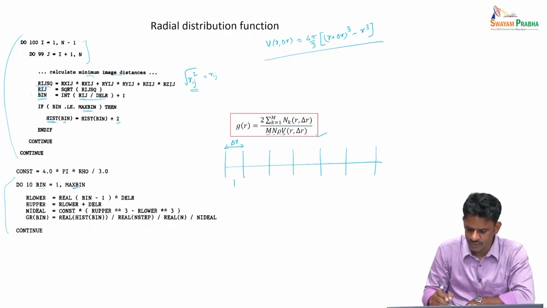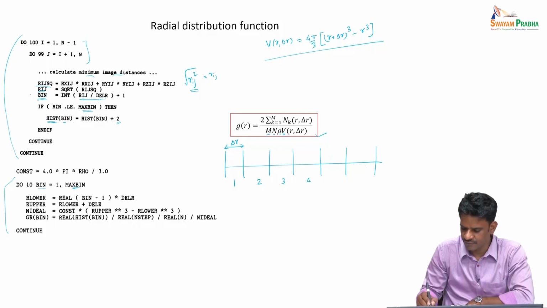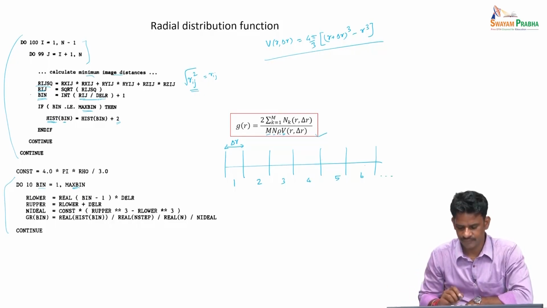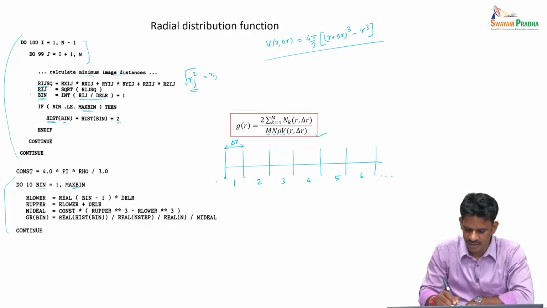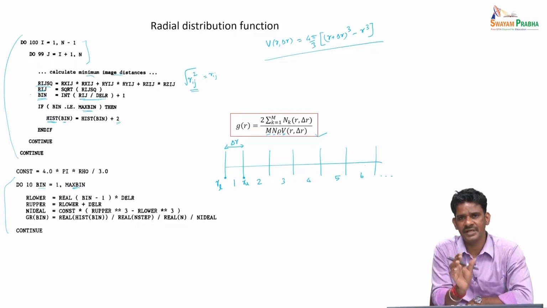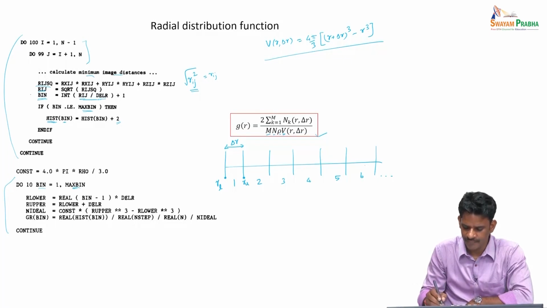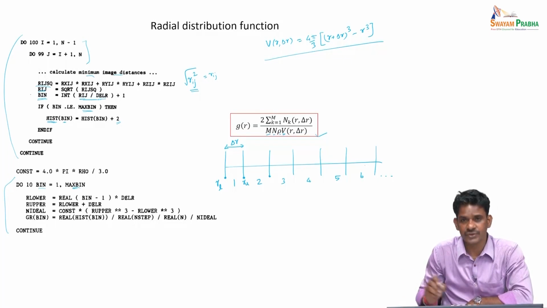So this is index 1, 2, 3, 4, 5, 6, etc. It goes all the way to the maximum bin, and each bin has an r lower and an r upper. That basically gives the limits of the bins, the lower limit radius and upper limit radius, and similarly for the second and third and so on.